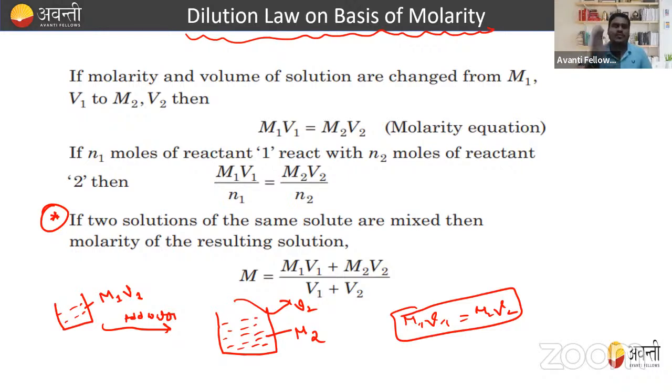After this, we saw various concentration terms like mass percentage, weight by volume percentage, volume by volume percentage, mole fraction, and last but not the least, molarity. And this one is very important, right?